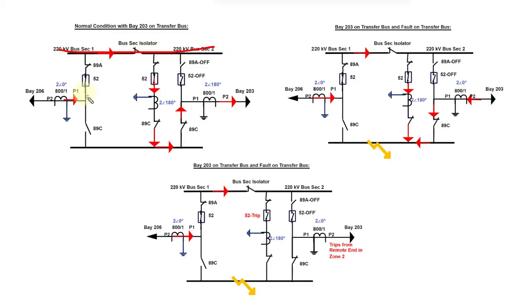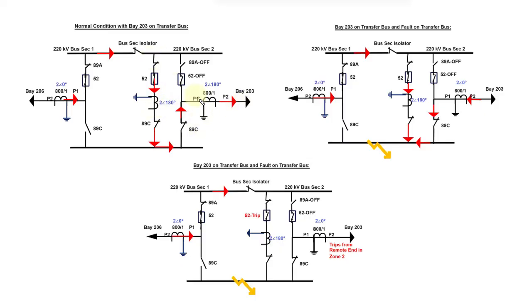This is the main bus, and this is the transfer bus. The current comes through this bay, goes through the transfer bus coupler into the transfer bus, and from there goes out through bay 203.